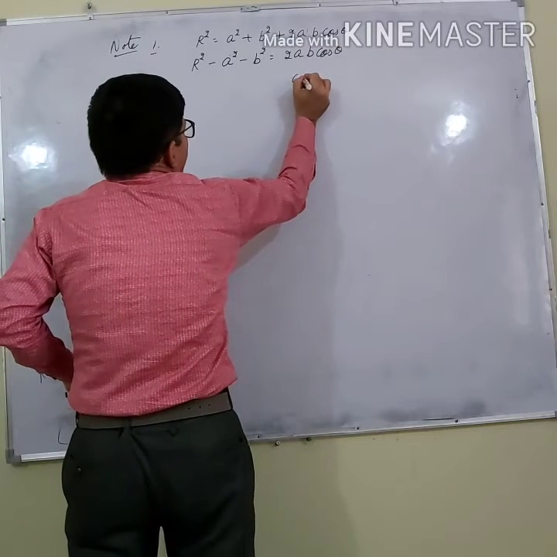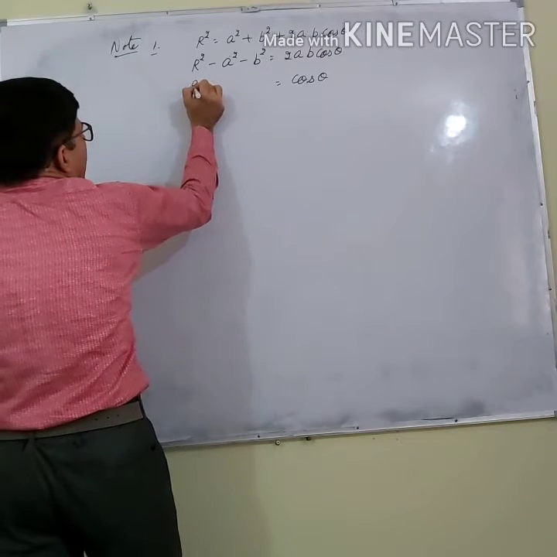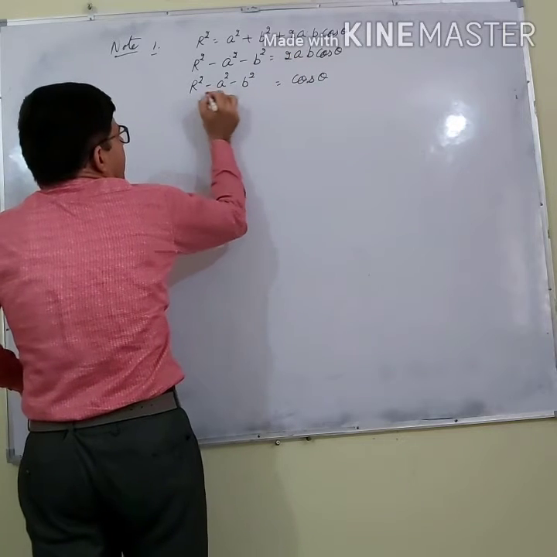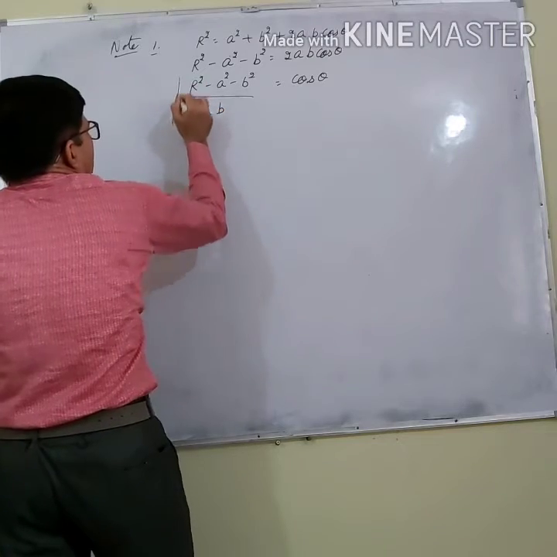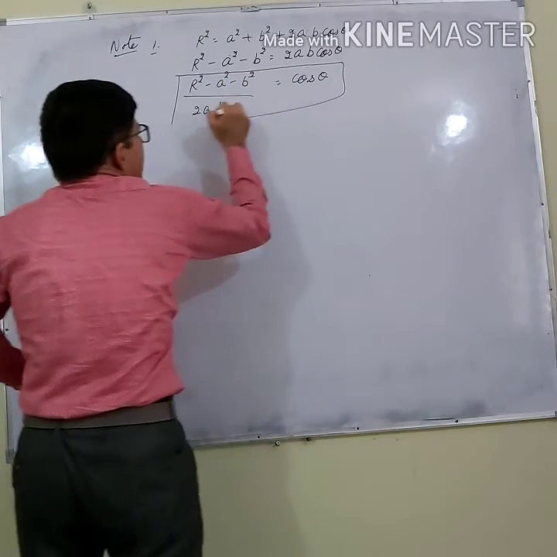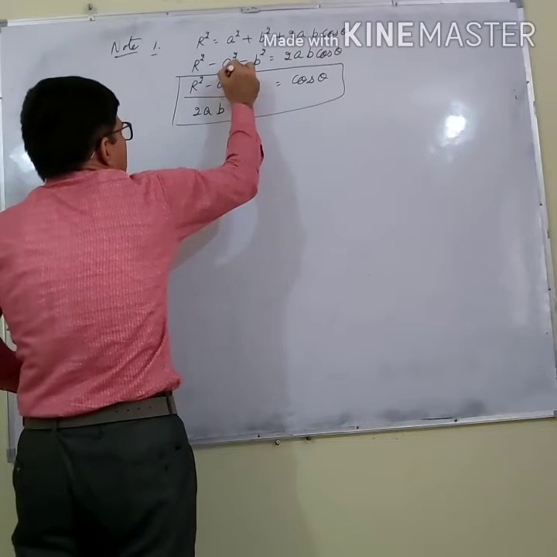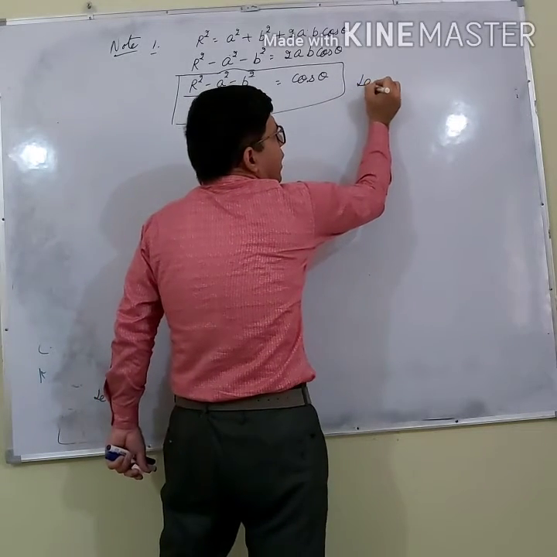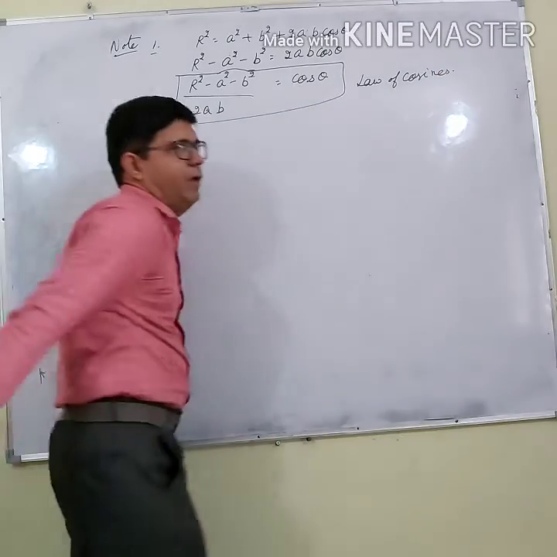Therefore cos theta equals R square minus A square minus B square, divided by 2AB. And what is this called? This is called the law of cosines, right?